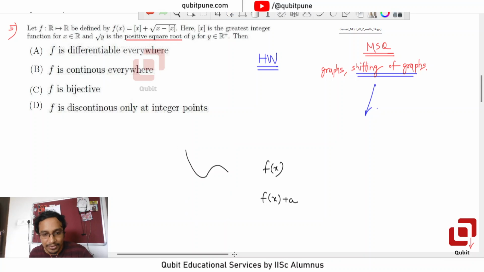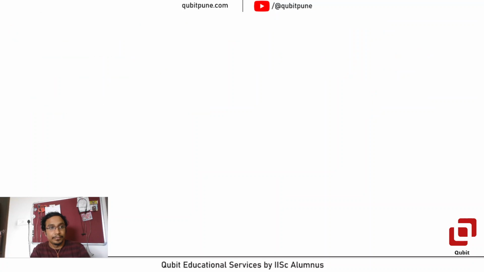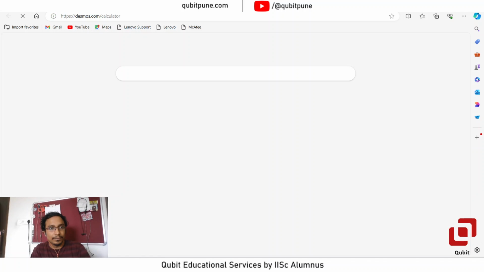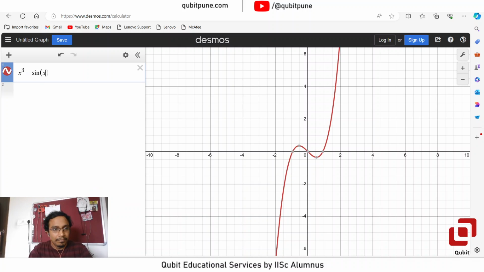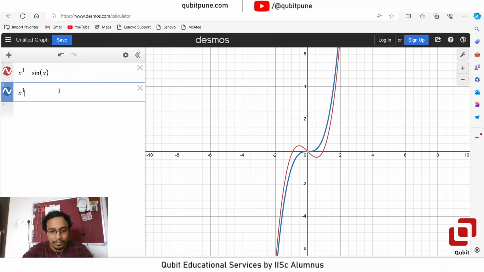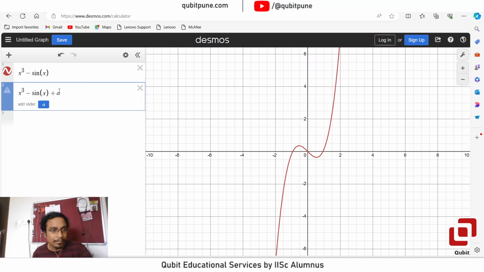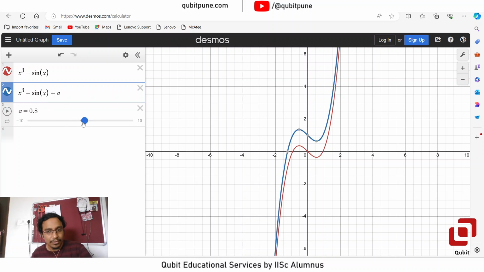Wait, let me explain it on Desmos here, it will be clearer. अच्छा, तो कोई भी ग्राफ ले लो, और इस ग्राफ में कोई नंबर ऐड करो. Okay, so see what is going to happen is this graph will shift upwards if a is positive.